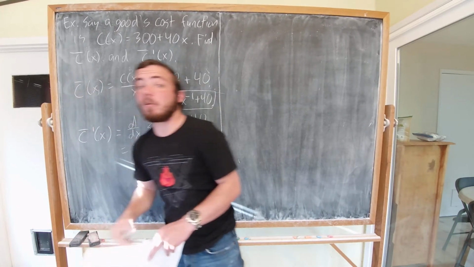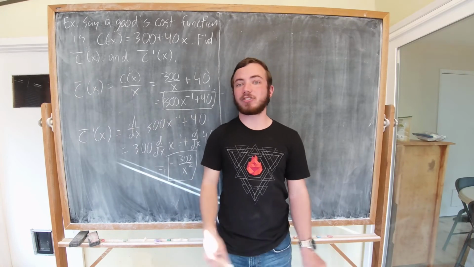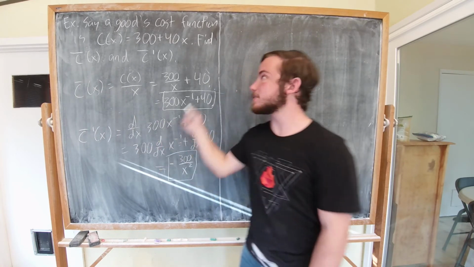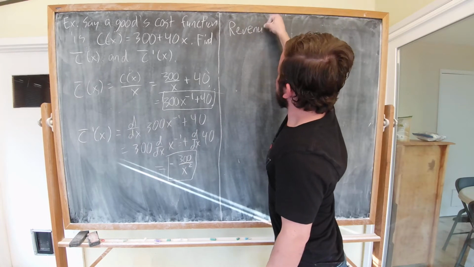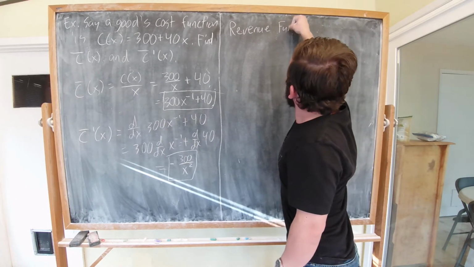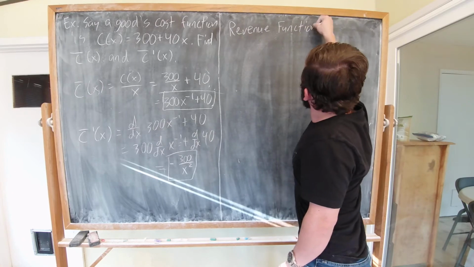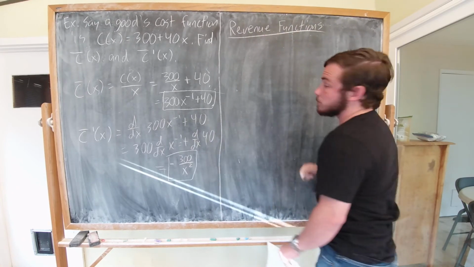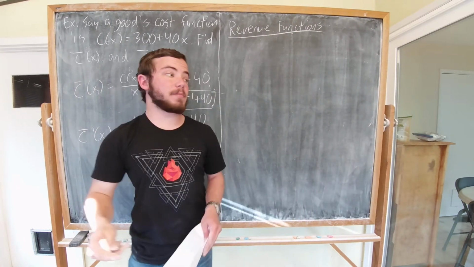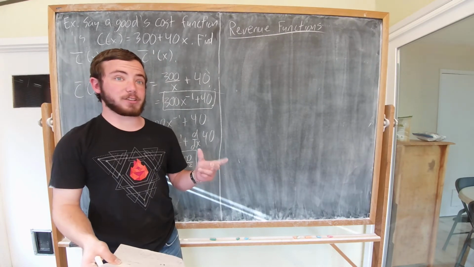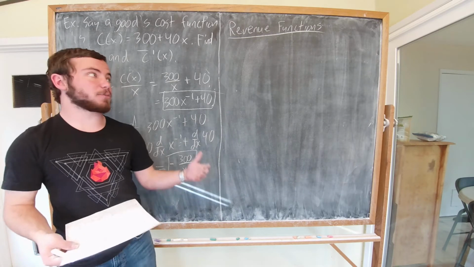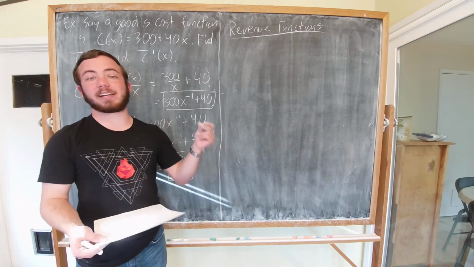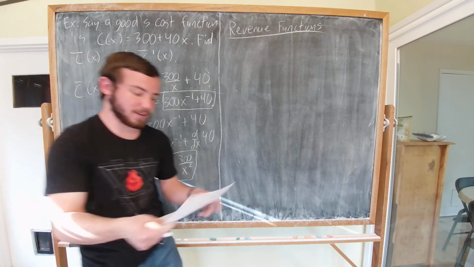Okay, so that's cost function, measuring essentially the bad things that are happening to your business. Let's talk revenue functions. Revenue functions are essentially measuring not the money you make off each product, but the amount of money you bring in by selling the product. The amount of money you're actually making is your profit, and we'll get to that in a bit.